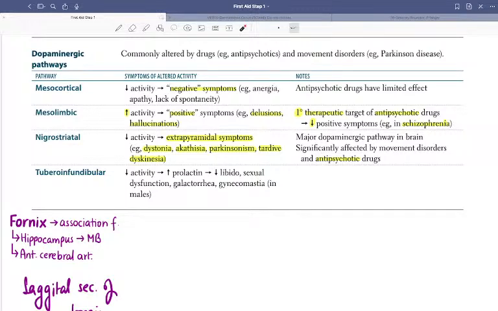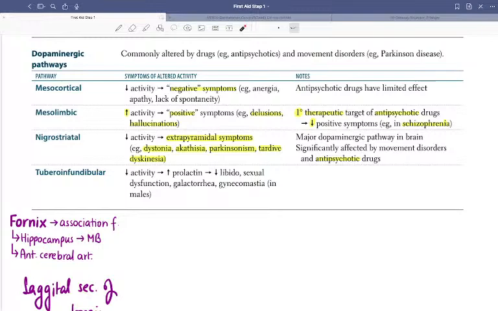So we get apathy, lack of spontaneity, and anergia, all this stuff. The reason I'm talking about this is because it will help in antipsychotics. So that's why we have mesocortical. Mesocortical is done, it is inhibited and it causes negative symptoms.